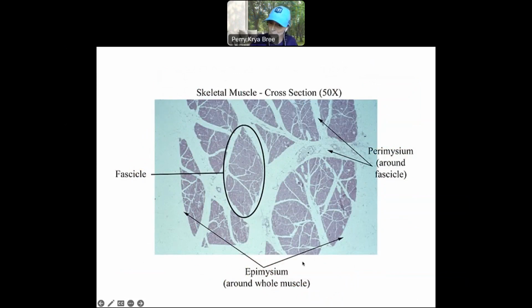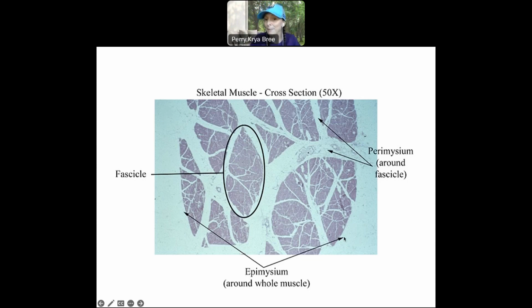You cut the muscle like this, turn it this way, and you're looking into the muscle. What you're looking at is a bunch of fascicles, all bundled together to make up the skeletal muscle.